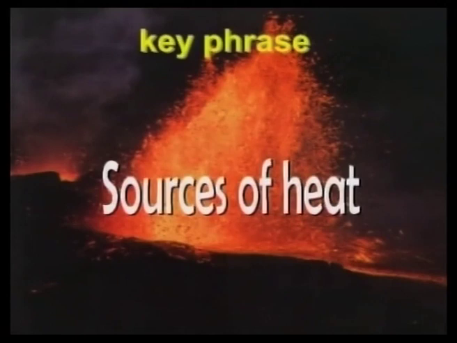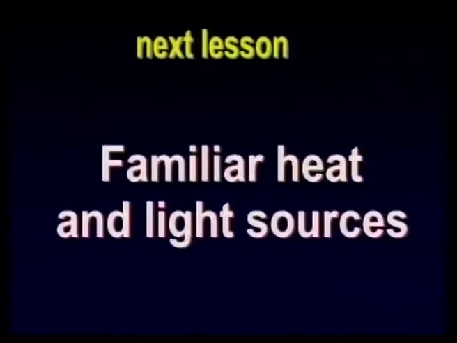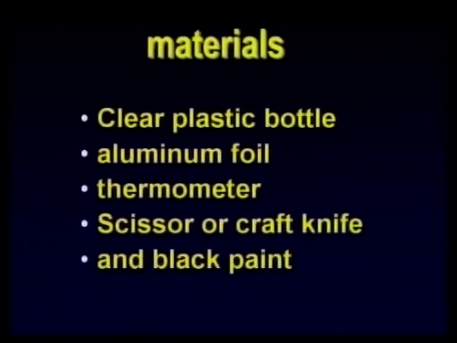Our next lesson, receiving teachers and students, is familiar heat and light source. These are the materials that you will need to use in your next lesson. Clear plastic bottle, aluminum foil, a thermometer, pair of scissors or a craft knife, and black paint.